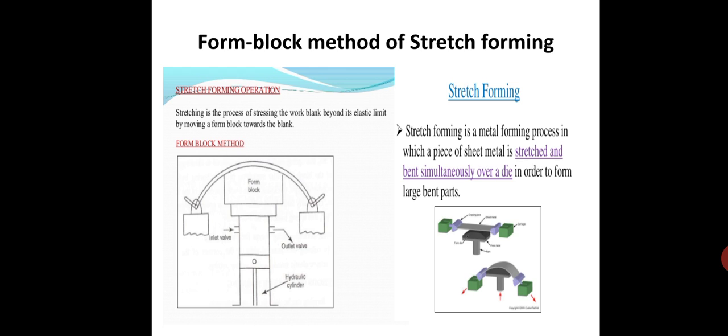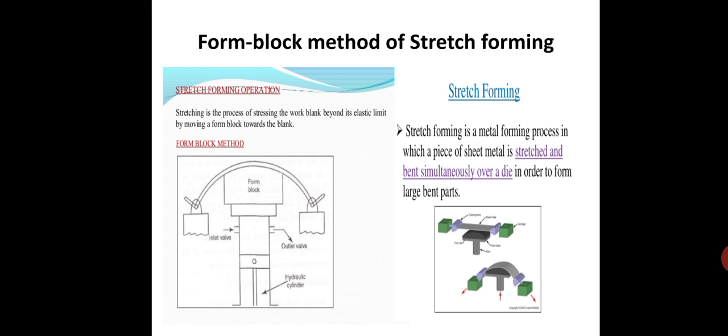The movement of the form block always depends on the hydraulic fluid pressure inside the cylinder. The fluid enters the cylinder when the form block moves away from the blank after completing the stretching process. It's a single stretching process, with no need of stages in the stretching.